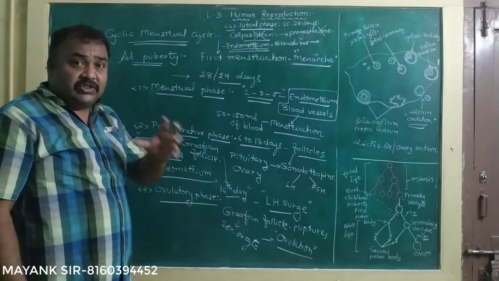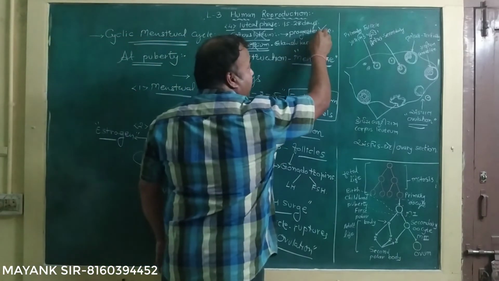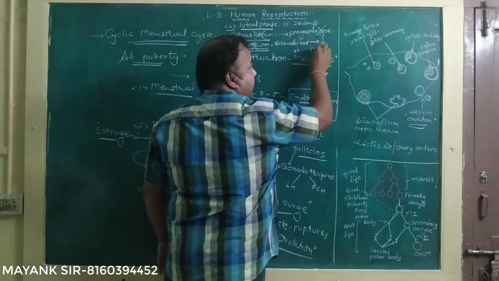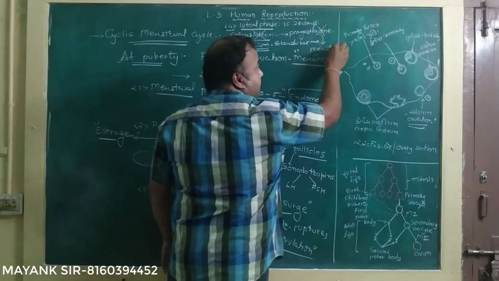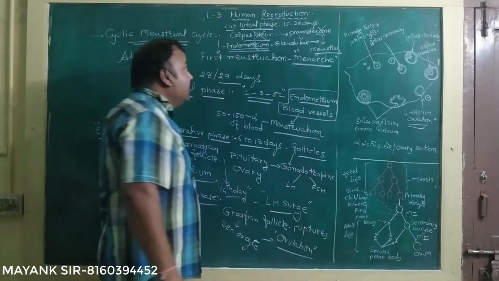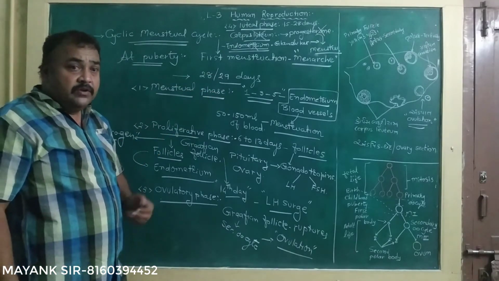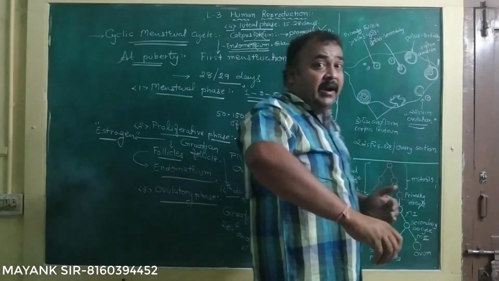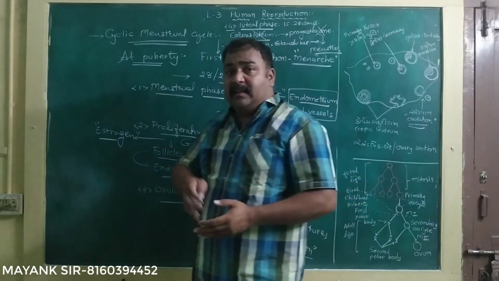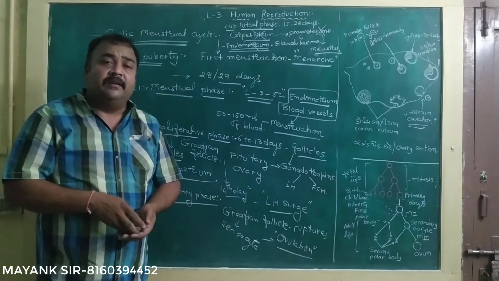This starts menstruation again. That means we come back to the first phase. So, friends, these were the events occurring in the cyclic menstrual cycle.